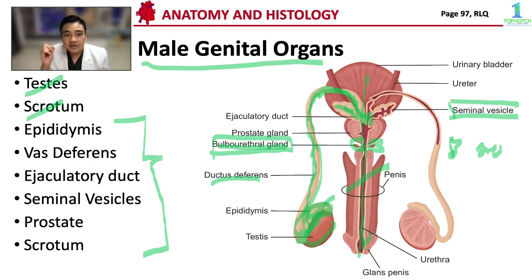The purpose of which is to neutralize the urethra that might contain acidic urine. So siya muna ang magpe-prepare ng highway, para kapag dadaan na ang sperm, the highway is more or less ready, a more favorable environment for the sperm.